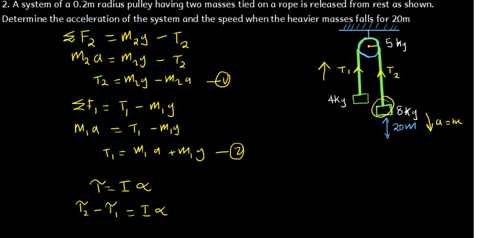Now how do we find torque? Torque is given by force times radius. So this is going to be force 2 times radius, minus torque 1, which is force 1 times radius, and this should be equal to the moment of inertia. Even here we have got the same situation like the previous one. The moment of inertia of this solid disk is 1 over 2 mr squared.